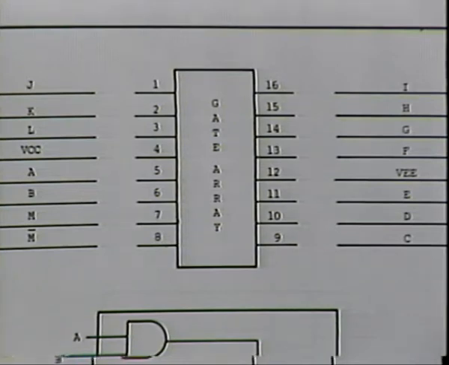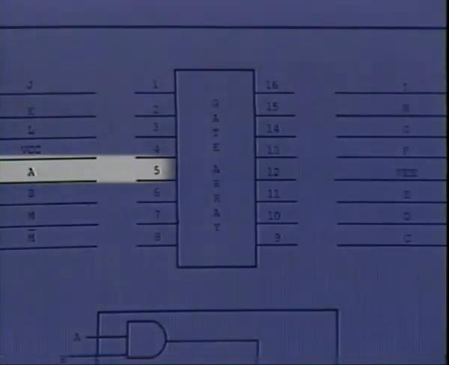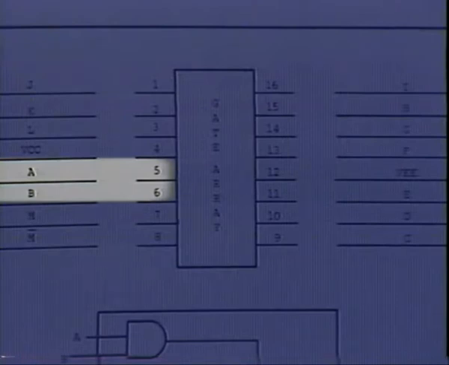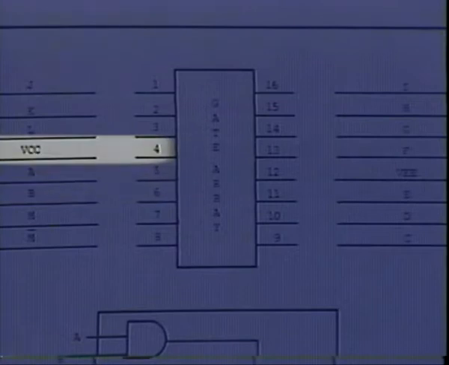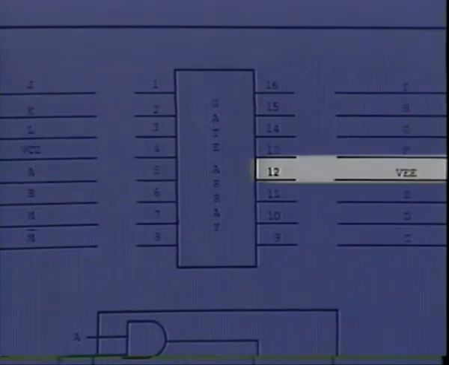On the sides, we see how each pin is assigned a specific term. For instance, pin 5 is term A. Pin 6 is term B. On all the gate arrays, pin 4 is used for ground. Pin 12 is always used for the negative 5.2 volts power.